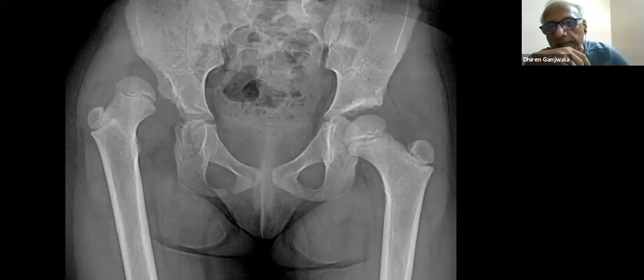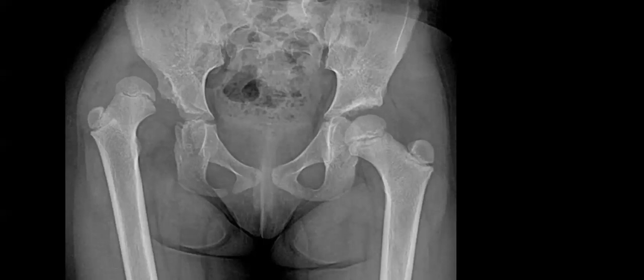No, the question I'm asking is slightly different. Why do we really want to treat this patient? The patient is complaining of limp, and there is also restriction of abduction, which is hampering the activities of daily life. And also there are complications in the future; if it goes on for a long time, there may be avascular necrosis also. It is also a possibility, sir, later on.